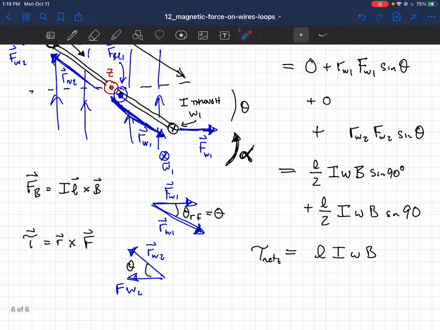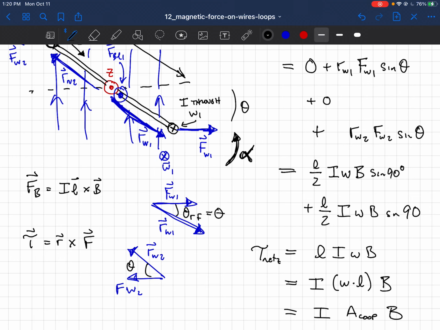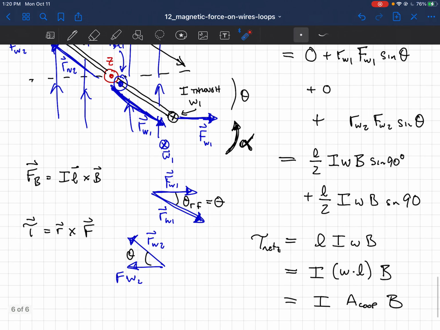So we see here that we could write this as I times W times L times B, or I times the area of the loop times B. And we did that for a very simple geometry. We did it for a geometry of a rectangle, but it turns out that it's a general result. We could have made a much more complicated loop and we would get the same result.